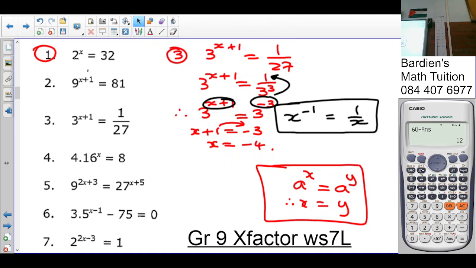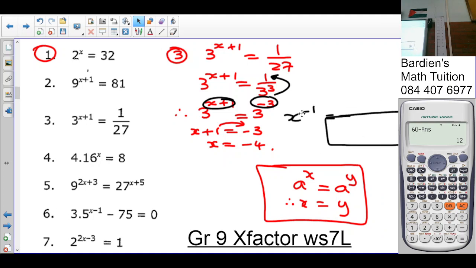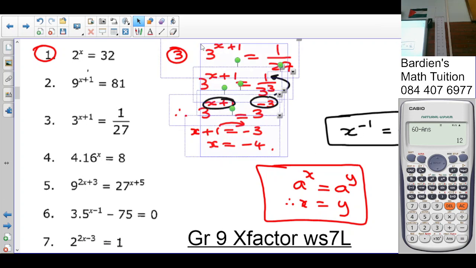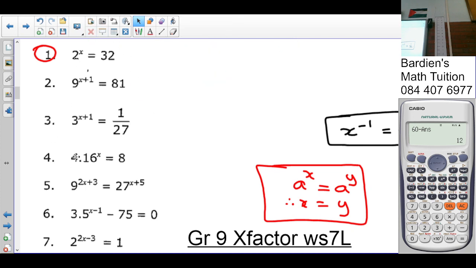Let's look at number 5. Where is the decimal? No, that's not a decimal. It's times, with dots. So if you got 4 times 2 to the x equals 32, what must we do first?